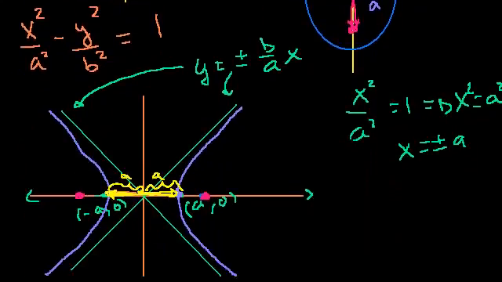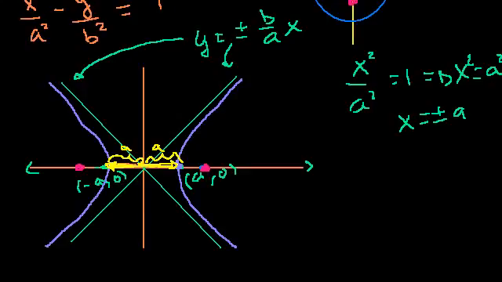Now one of the definitions of a hyperbola can be the locus of all points where you take the difference, not the sum, of the distances to the two foci. So let me write that down.